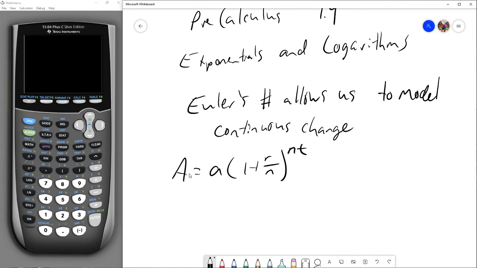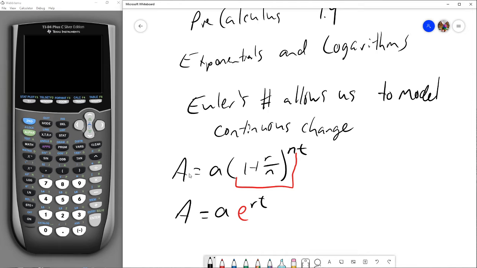We can use Euler's number. So our equation for continuous change will still have our initial amount, but all of this here gets condensed, and we're just left with e to the RT.